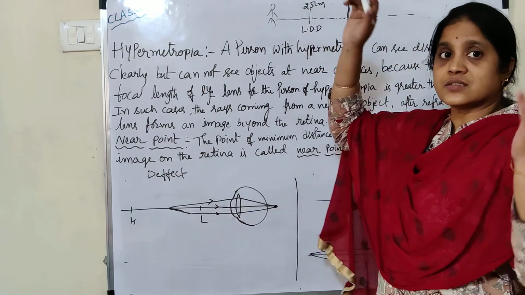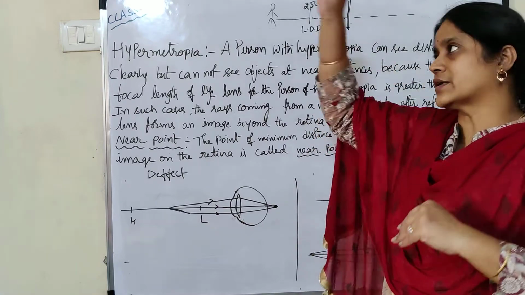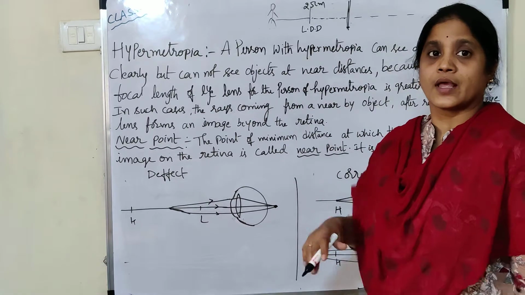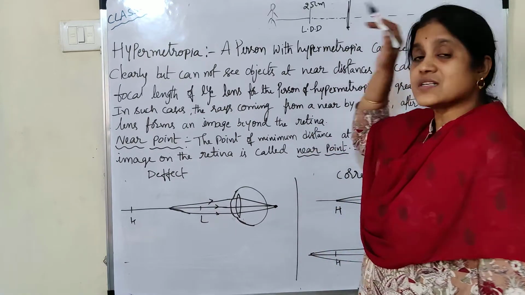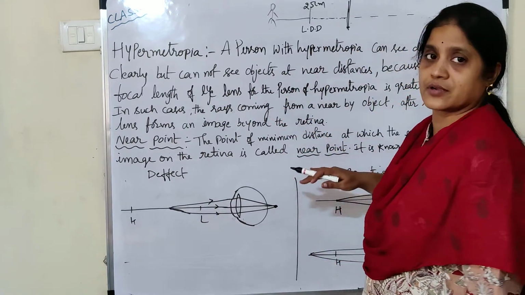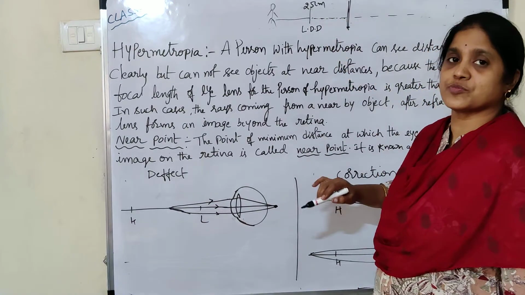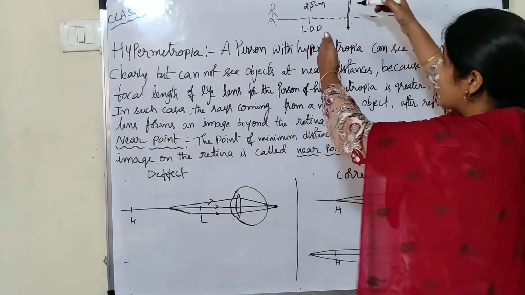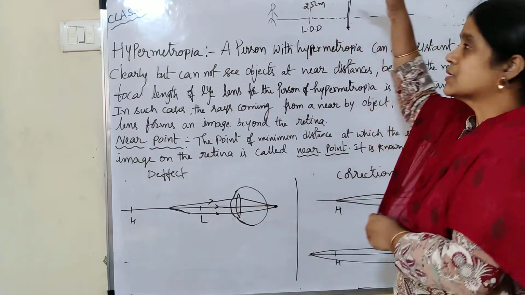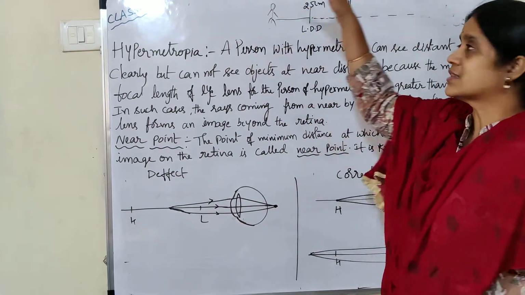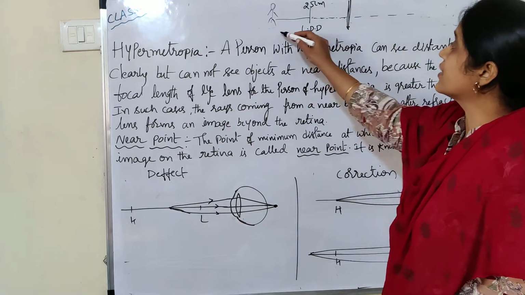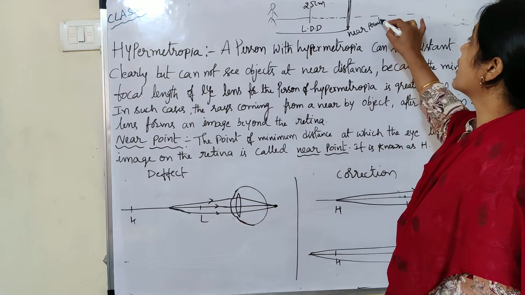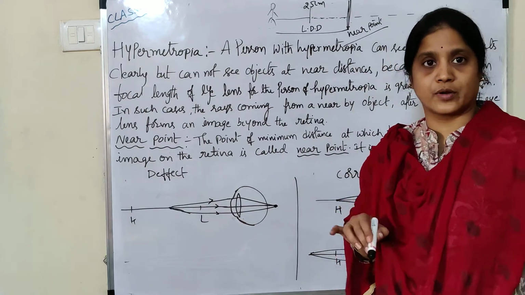The person can see all objects which are very far, but cannot see a near object from 25 centimeters. From that point, the point where the person can first see becomes the near point for hypermetropia people.